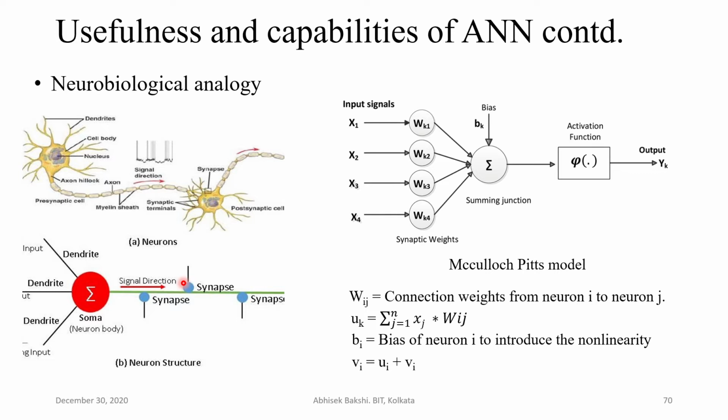Depending on this concept, this scenario, there were two scientists who designed a mathematical model of a neural network, what we call an artificial neural network. That model is called the McCulloch-Pitts model.